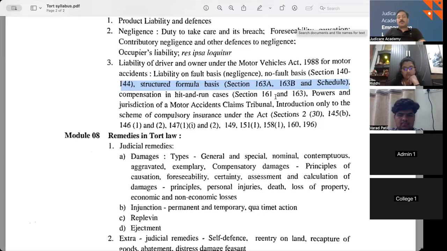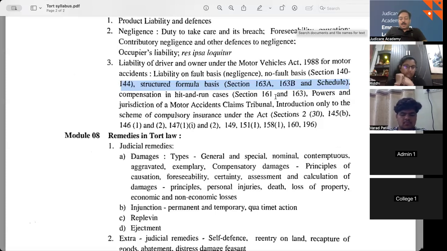The provision for the compensation, in which we are very much interested, is done through the central government notification. So we studied 163A and the structure being part of the schedule which the government keeps publishing from time to time. The central government keeps publishing the scheme on how the calculation has to be done, what is the rate, what is the age, what could be the standard compensation which can be calculated, and all those things are part of the various schedules which are used.